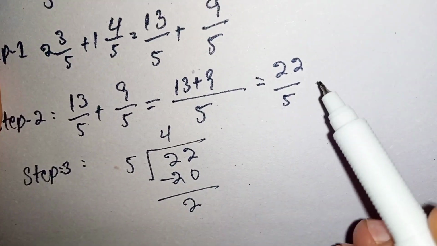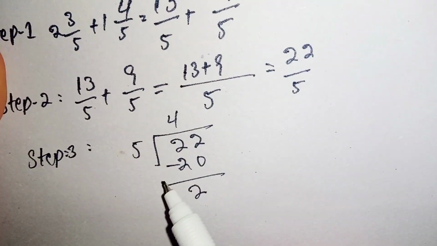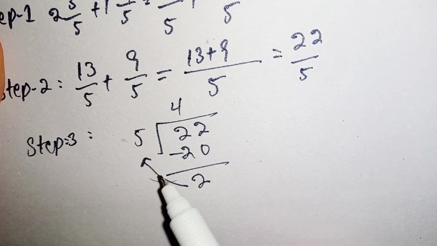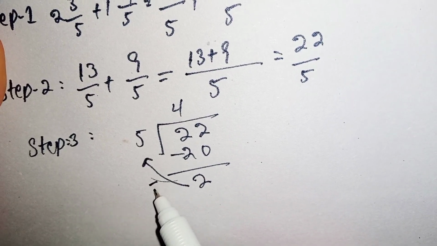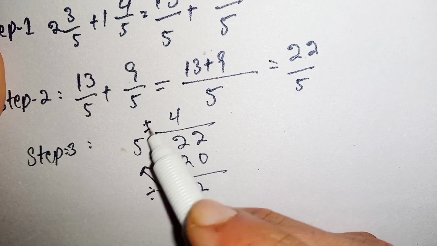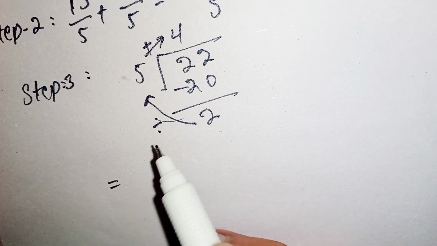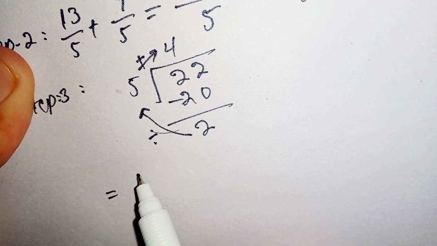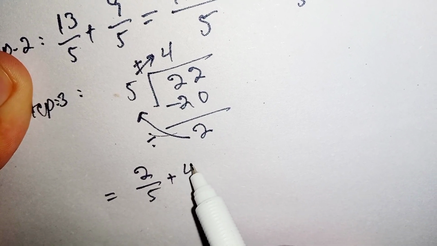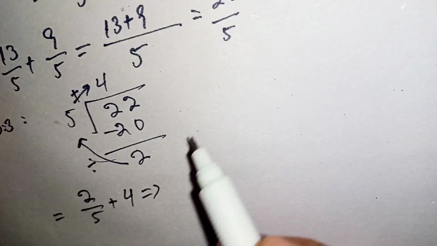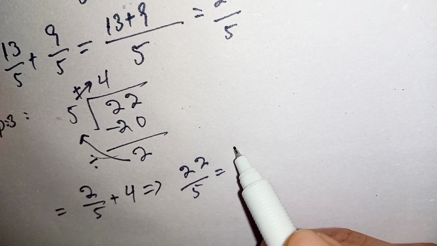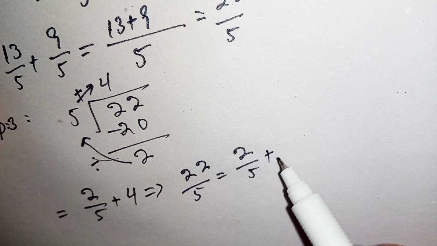Now to convert this 22 over 5 into a mixed number, we got this form. Here we see that we will divide 2 by 5 and add this division with 4, right? So the answer will be 2 over 5 plus 4. So we got 22 over 5 is equal to 2 over 5 plus 4.